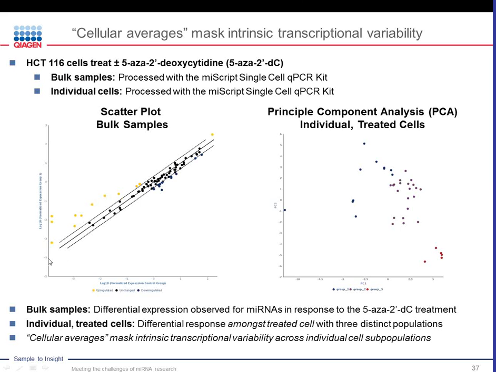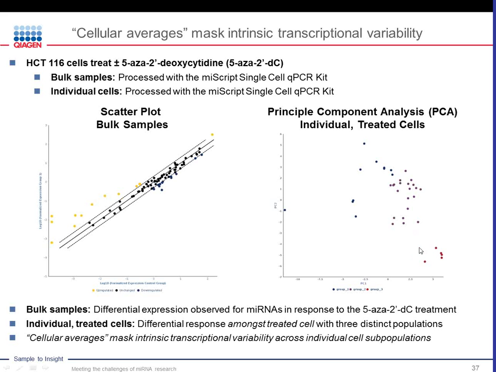And on the left, we have a bulk sample analysis. So you're able to see microRNAs that are increased in expression, as well as a few that are decreased in expression. So you do observe differential expression. However, on the right, what we have done is perform individual cell analysis with the miScript single-cell kit, and then a principal component analysis of individual treated cells.